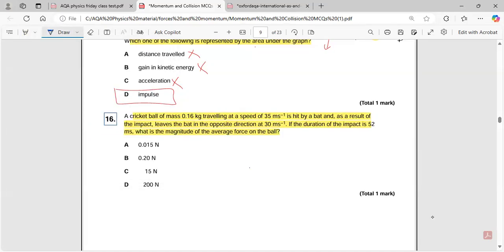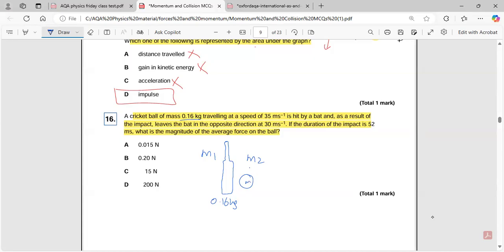Okay, so there are two things: one is the bat, and the other one is the ball. So this is M1 and this is M2. This M1 is 0.16 kg and the bat mass, we don't know. No need to know that if it is not given.